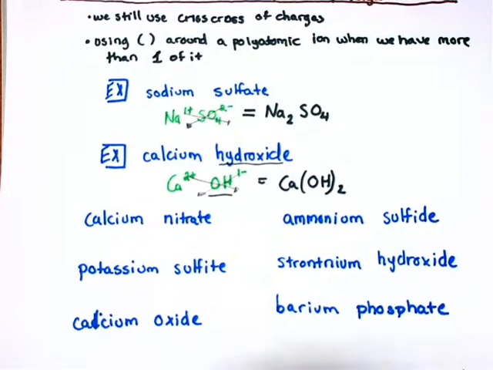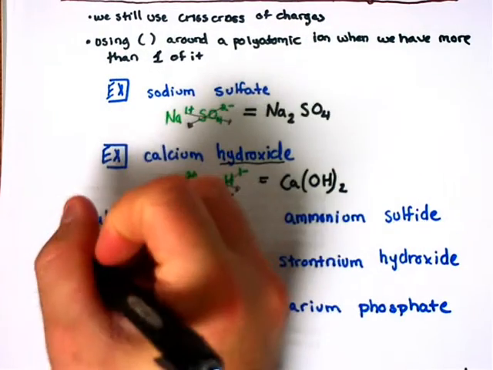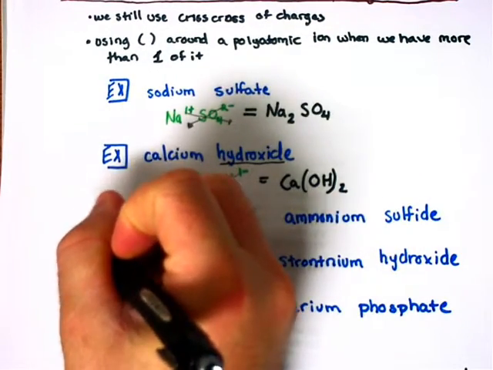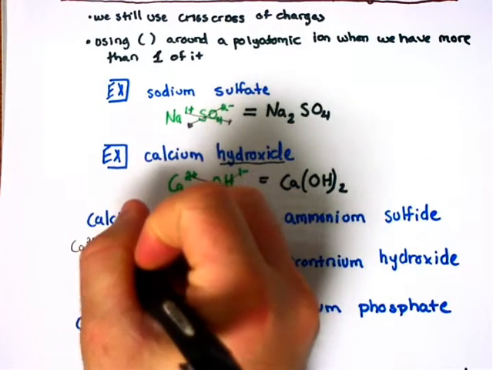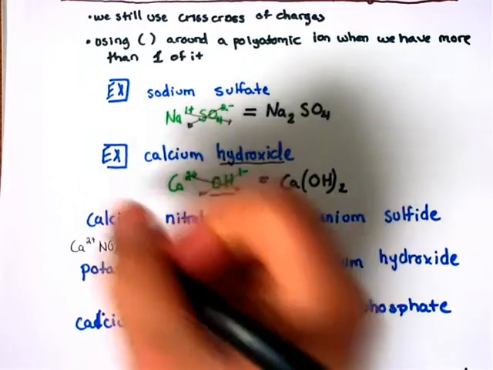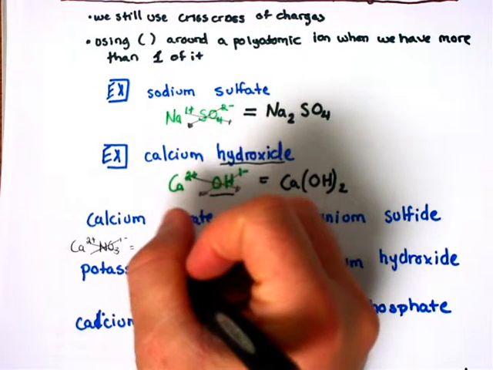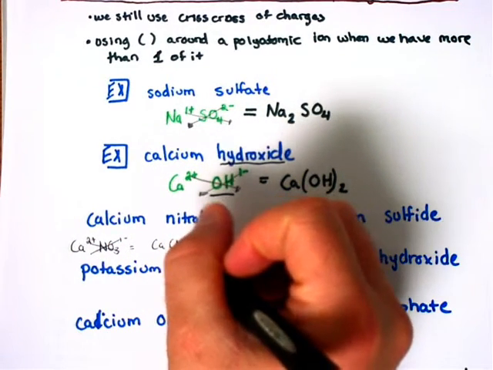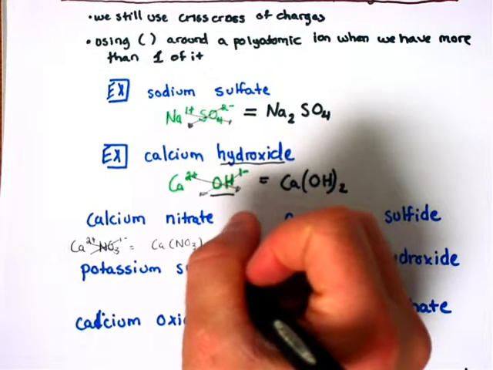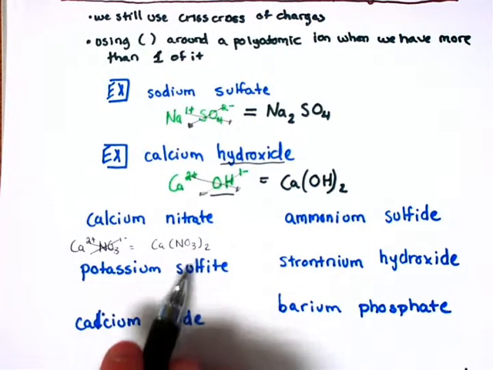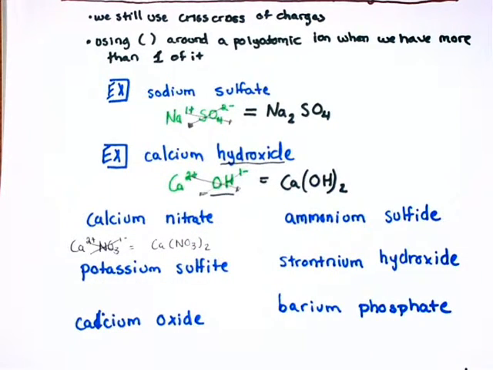Okay, so calcium nitrate. We would write this out as Ca, which is 2 plus, and the nitrate is NO3, and it's 1 minus. So we bring our numbers down so that it would read Ca(NO3)2. Raise your hand if you got this as the answer. You'll put the NO3 in parentheses. Why?